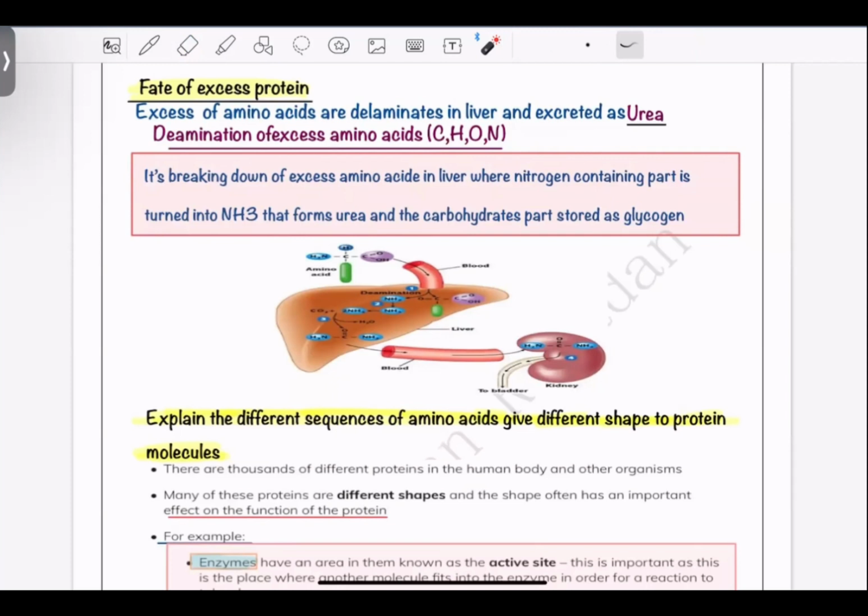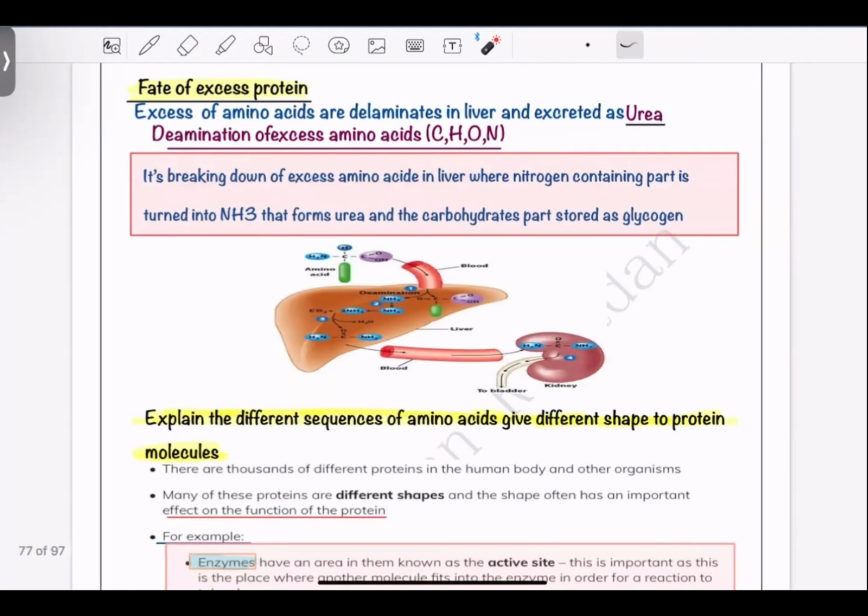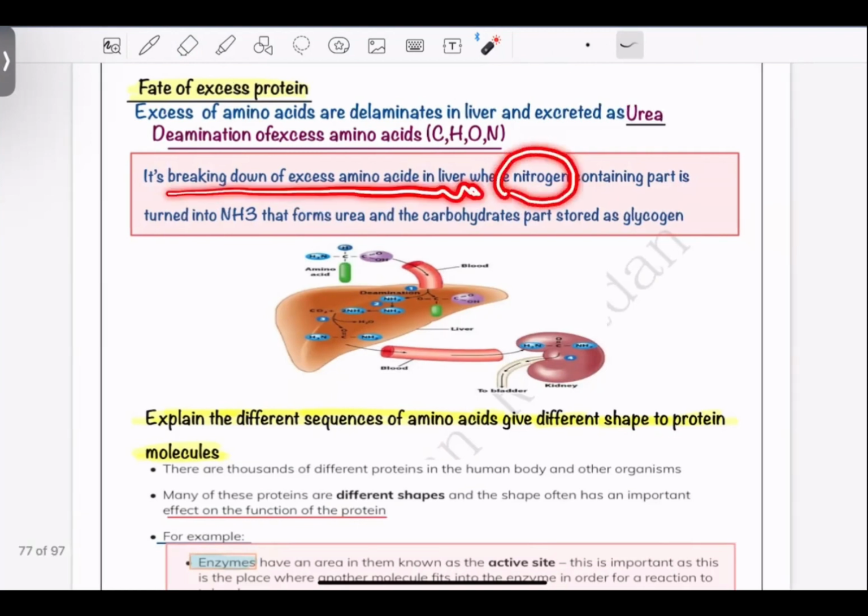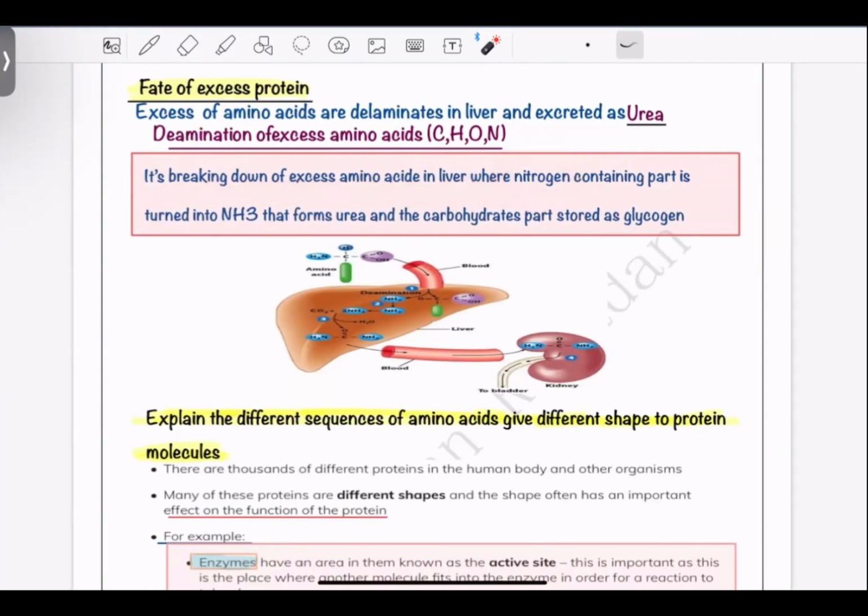The deamination process breaks down the excess amino acid in the liver, where the nitrogen-containing part changes into a substance called ammonia, NH3.